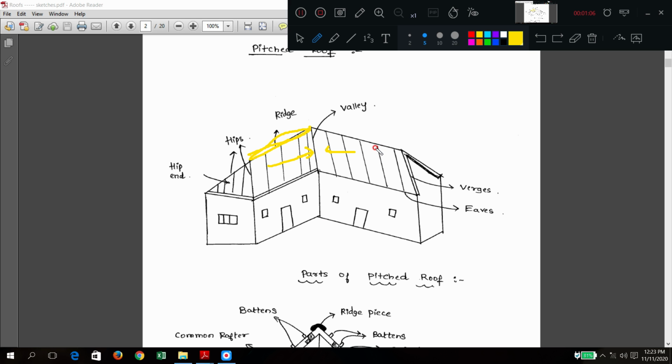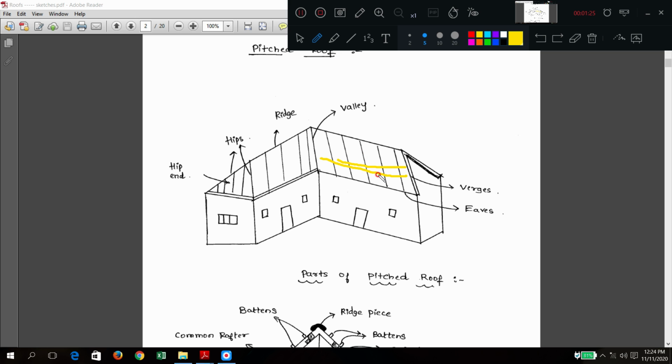Now, the different members running like this are called rafters. In some cases some of the members will run like this also. I am drawing the skeleton of this typical pitched roof.